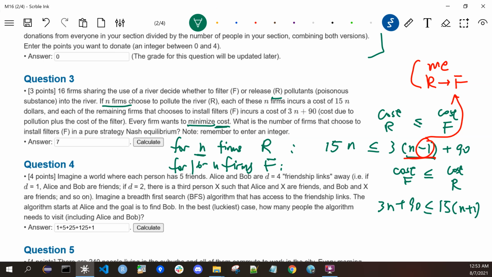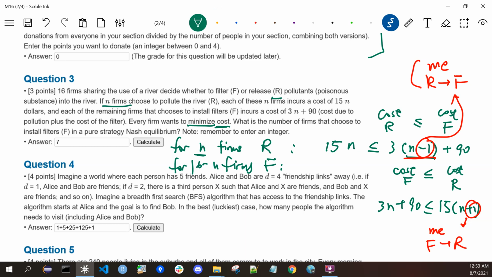I'm adding 1 because I am the firm who chose to switch from not releasing to releasing. So there's one more firm, that's me, that is polluting the river. Because, again, I'll say me, and I'm switching from F to R.